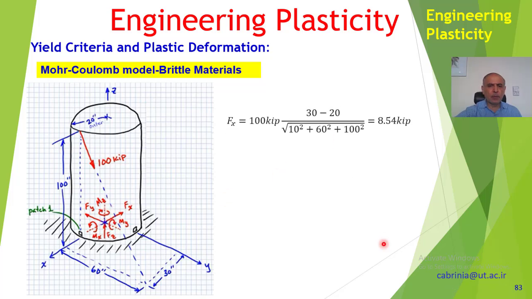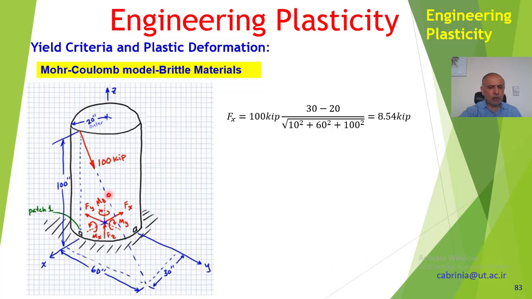First of all, we want to find these forces. As I have mentioned here, we have the forces Fx, Fy, Fz, and Mx, My, Mz are the forces and moments applied along and about the directions x, y, z. That's x, that's y, and that's z.